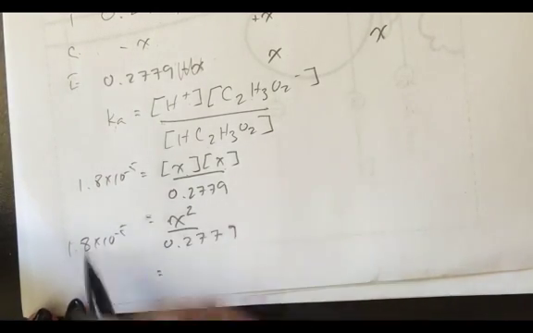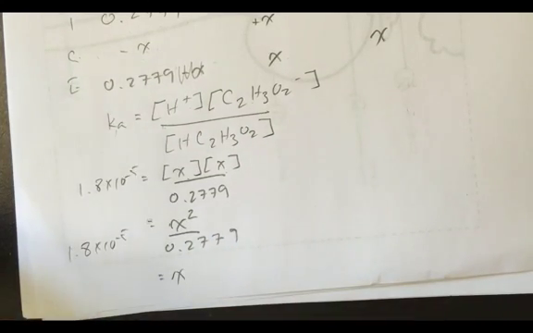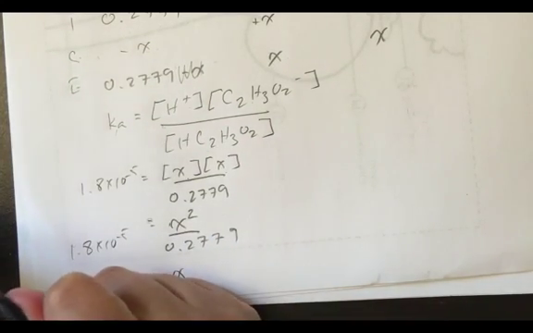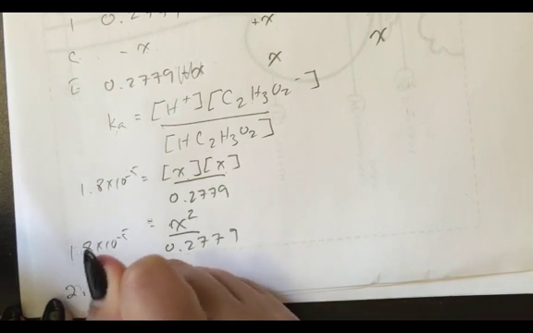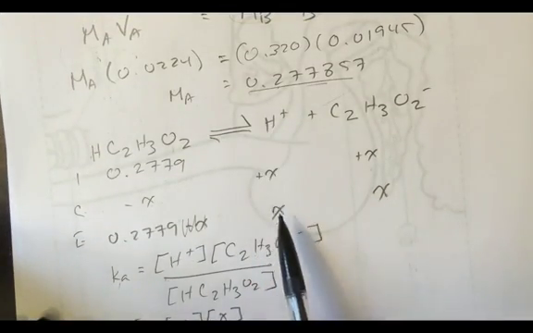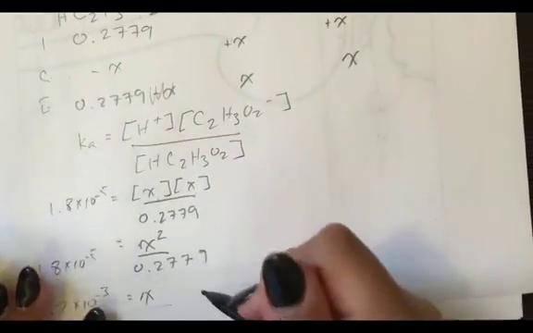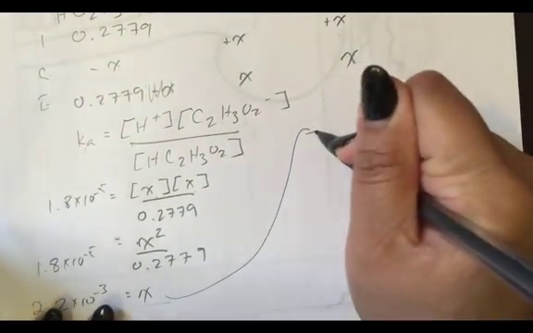When I work that in the calculator, I figure out x squared and then square root it. I figure out that x is going to give me 2.2 times 10 to the -3. So this guy here is this guy here. Okay, that x, this guy right here. So I'm going to just draw a line here.